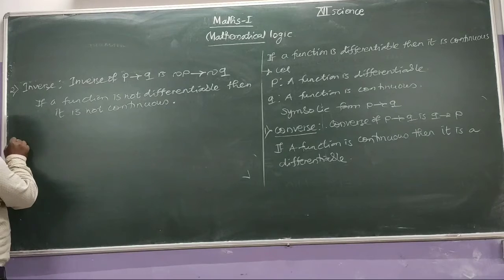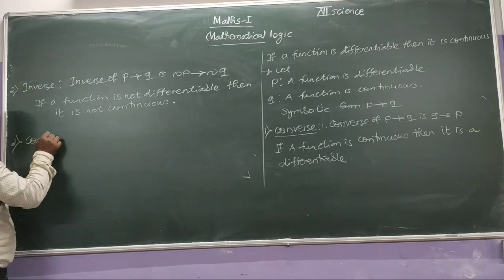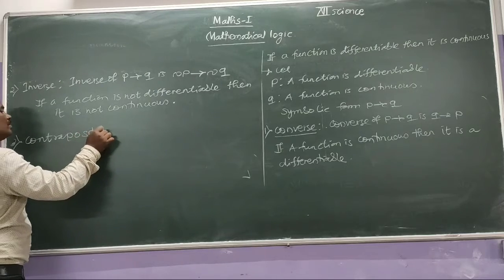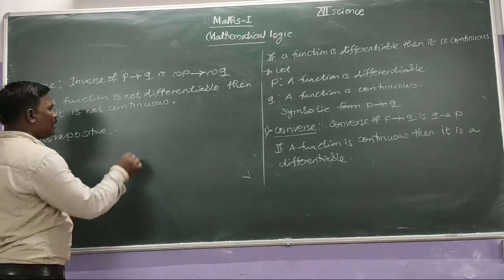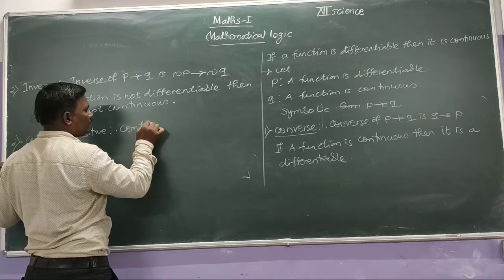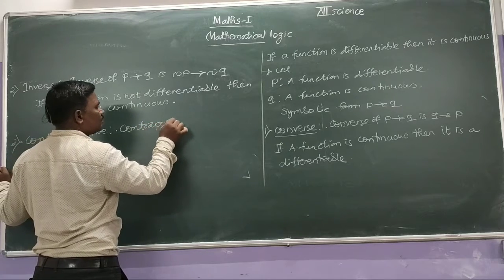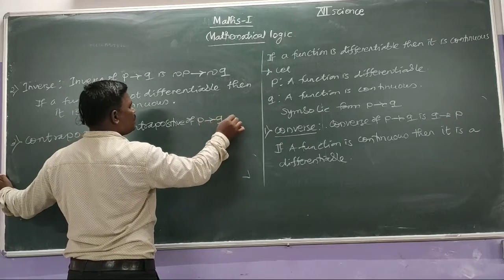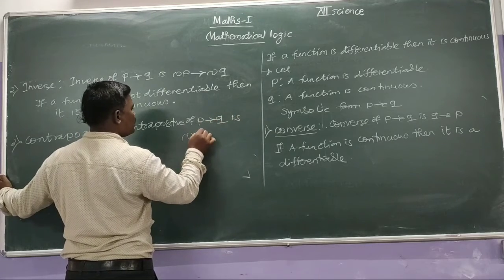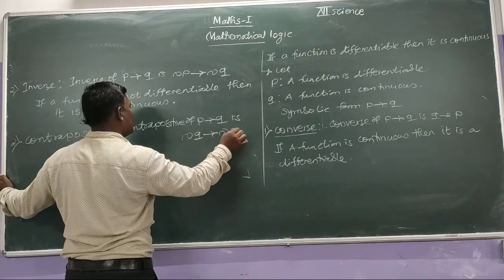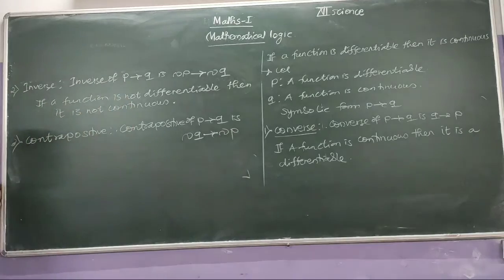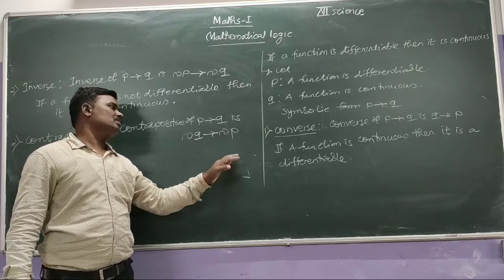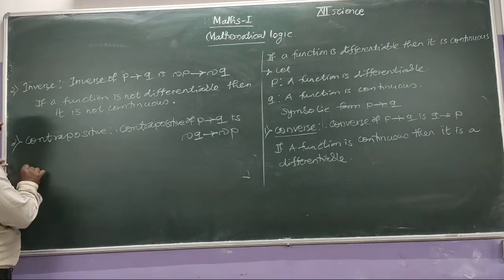Third is contrapositive. Therefore, contrapositive of P implies Q is negation of the Q implies negation of the P. Okay, therefore write down here negation of the Q काय आहे सांगा.